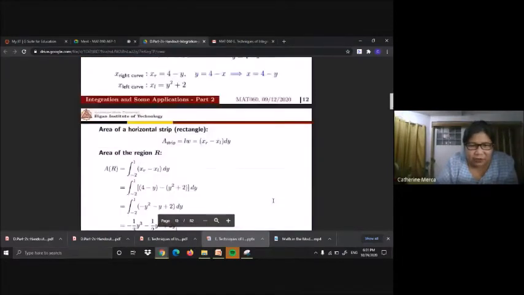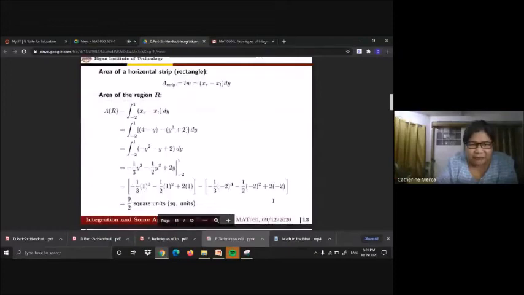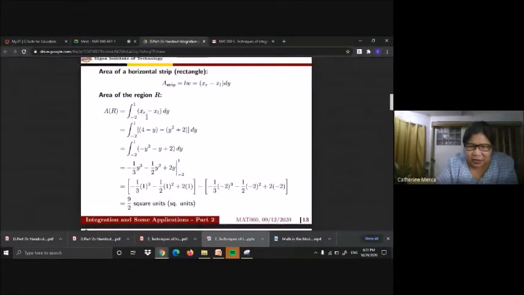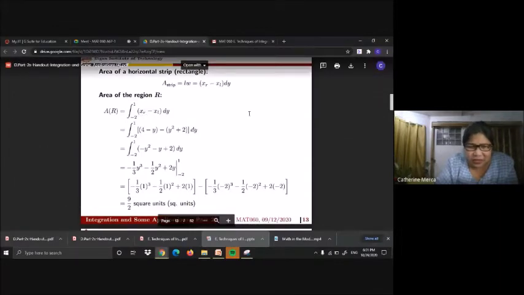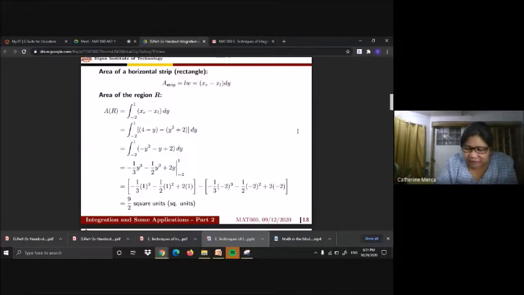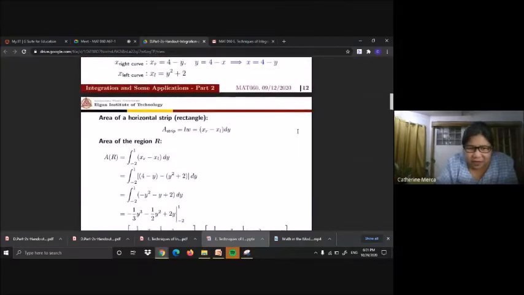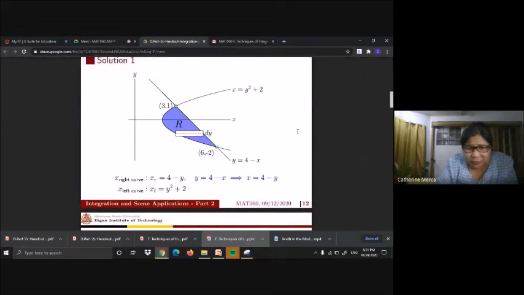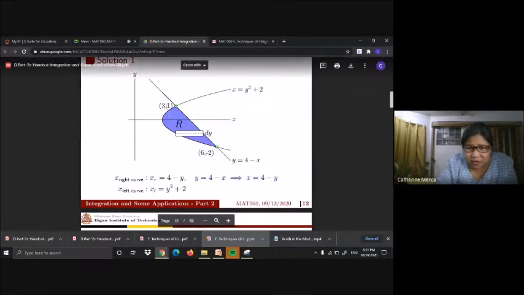So, area of the horizontal strip, you have XR minus XL. And X sub R is kaning sa right, no? Sa right, and XL kaning nasa left. Yung sa pagkuha sa negative 2, the negative 2 was the intersection, 3, 1, intersection between y squared plus 2 and y equals 4 minus x.